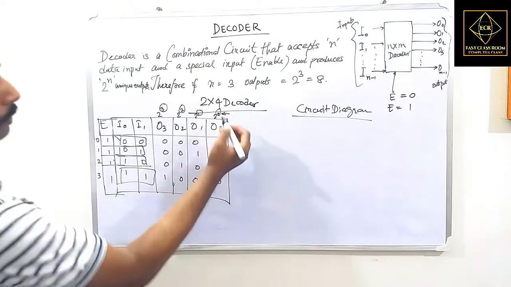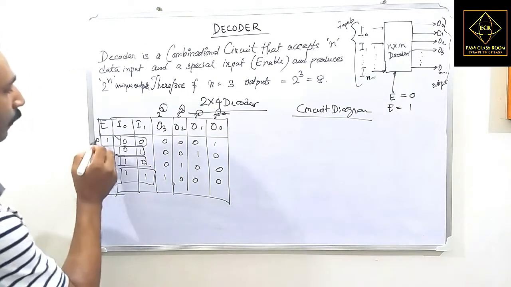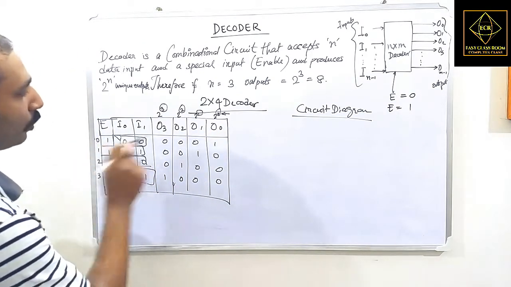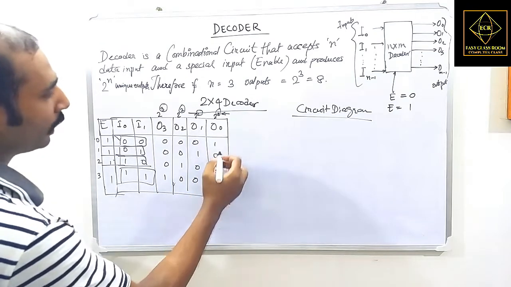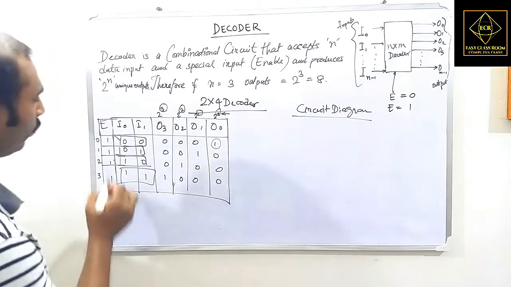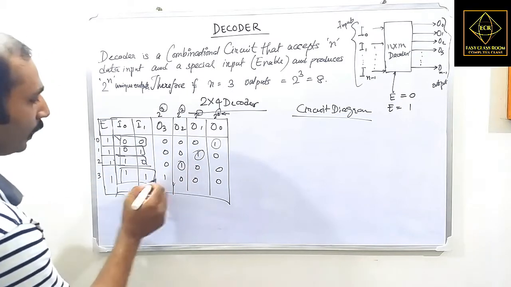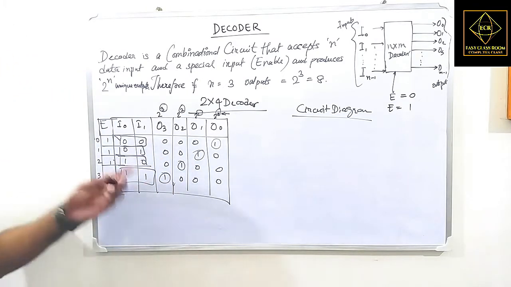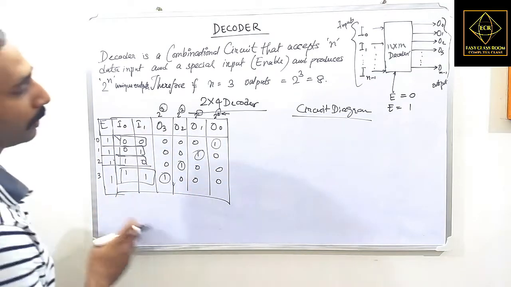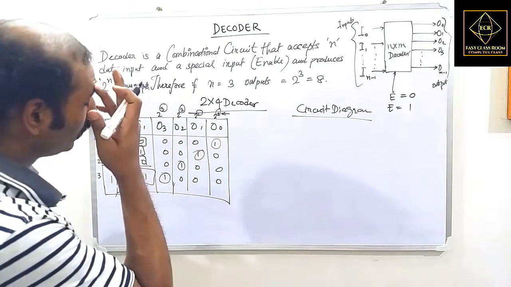For 0 this output will be active, for 1 this will be active, for 2 this will be active, and for 3 this will be active. This is how we are creating the output signals.